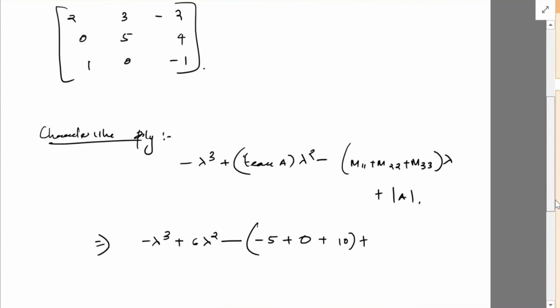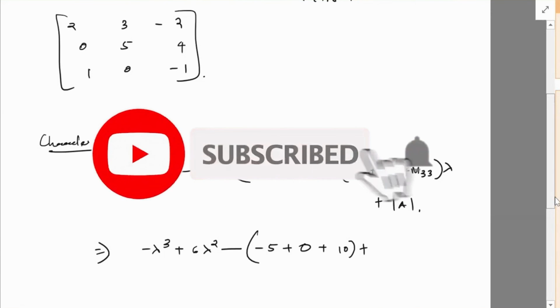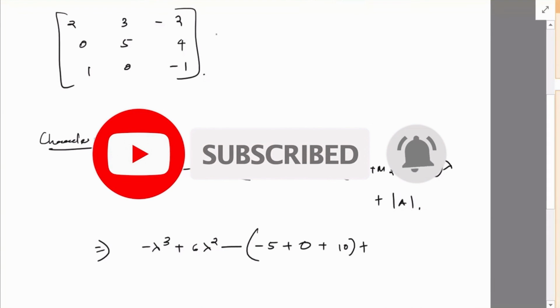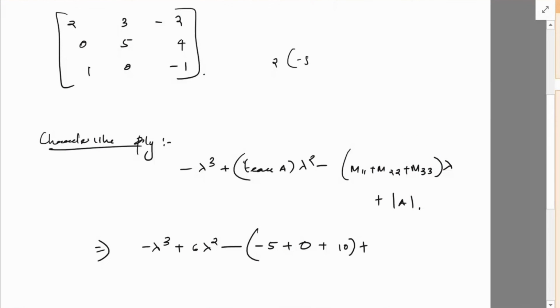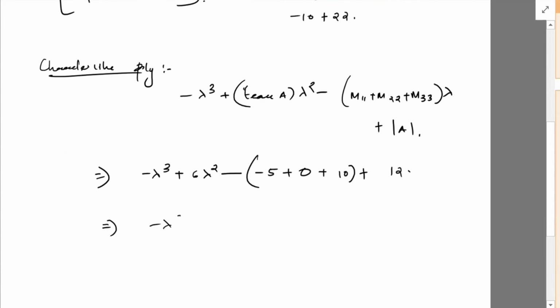Find the determinant of the given matrix, which will be 12. So it is minus lambda cube plus 6 lambda square plus 5 lambda plus 12. This is the characteristic polynomial.